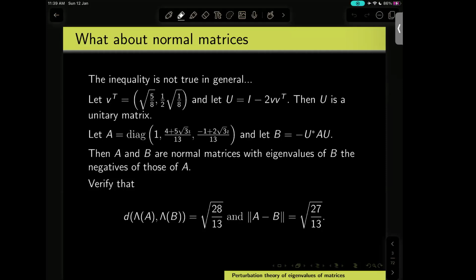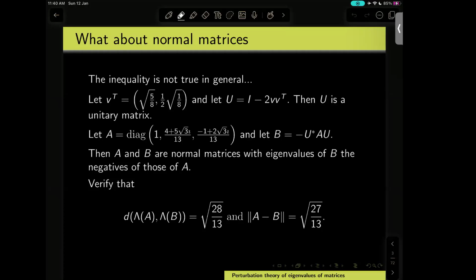So clearly the inequality we were seeking is not true even for 3 by 3 normal matrices. It's not that the problem starts when we increase n; it's there even for 3 by 3 normal matrices. I've not talked about 2 by 2 normal matrices, but for 3 by 3 the problem is there.